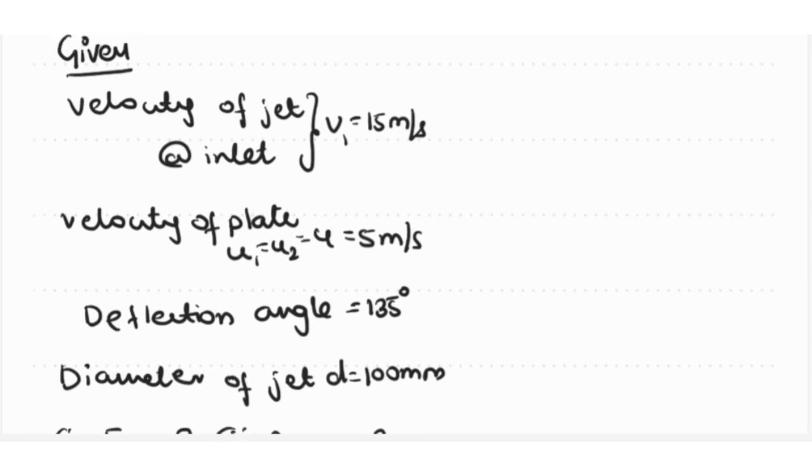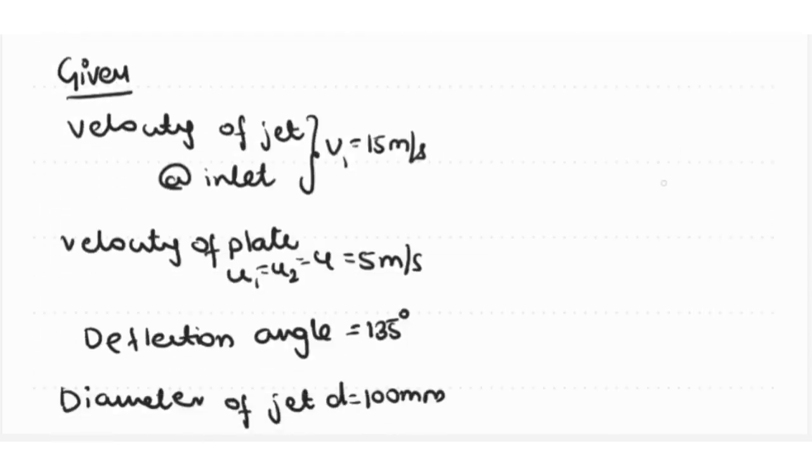So let us draw the velocity triangle. First I will draw here the curved vane. Here a jet of water strikes this curved vane without making any angle, because no angle is given at the inlet.